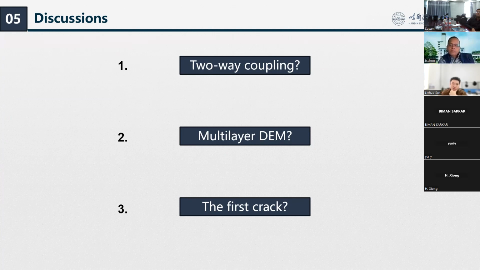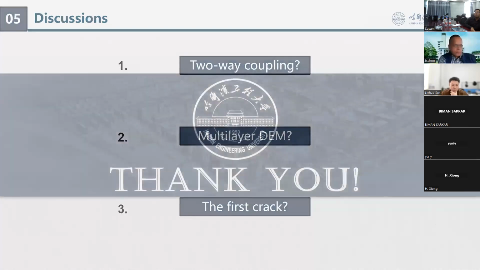The third problem is the first crack. We can see the process in the video just now. I'm not sure whether the first crack location is related to the wavelength or not. That's all. Thank you.